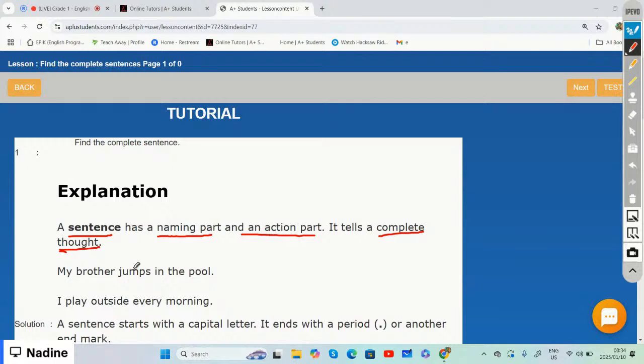If we look at an example of a sentence, it says, my brother jumps in the pool. Keeping in mind that a sentence starts with a capital letter and it ends with an end point, whether it is a period, an exclamation point, or a question mark.